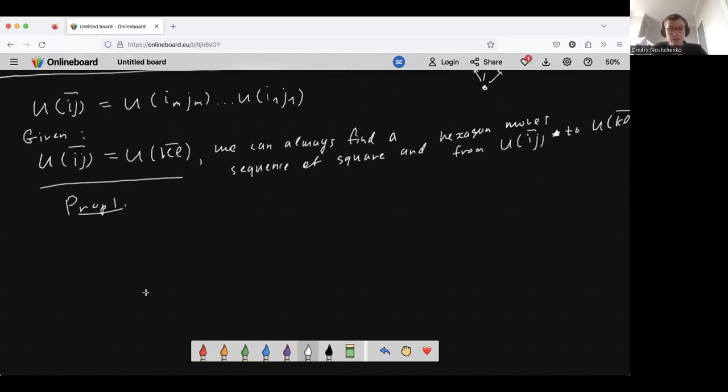And so property 2 would be as follows. Again, assume that we have Uij, UKL. But now let's say that they do not form a relation, but rather they are organized as follows.